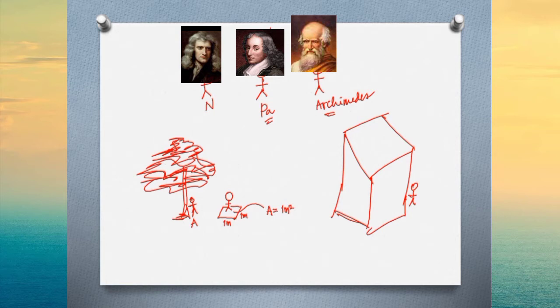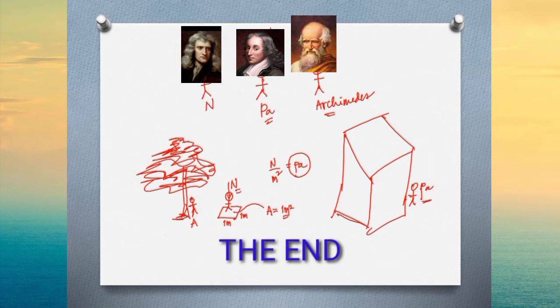Ikaw na yung taya. So, sabi ni Newton, wait. Hindi ako ang nakita mo. Kasi, a Newton over a square meter is equal to Pascal. So, hindi ako yung taya, kundi si Pascal.